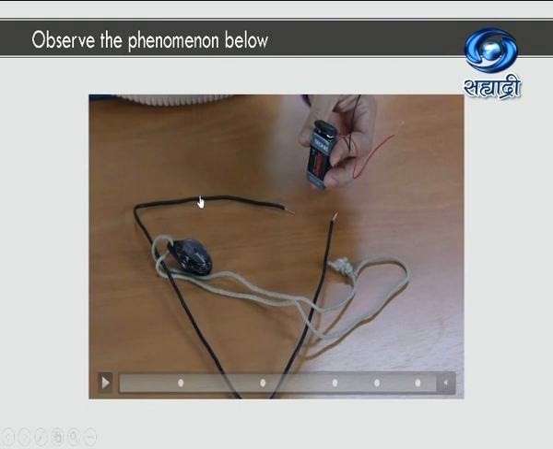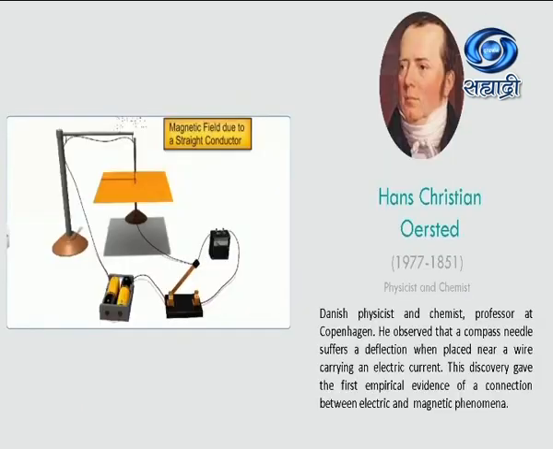I hope you have understood that whenever there is flow of current through a conductor, a magnetic field is produced around it, and the direction of that magnetic field depends on the direction of the current.